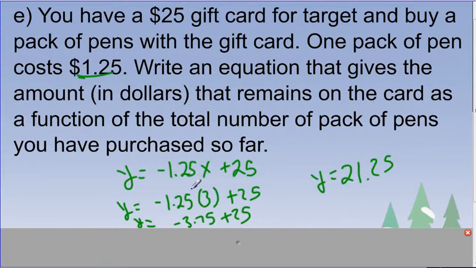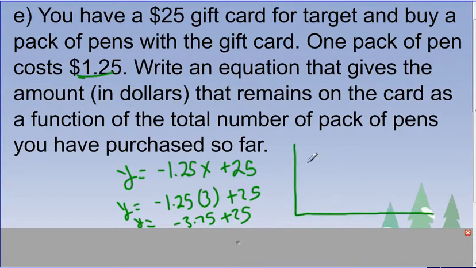Just think about it. We have a negative slope, which means the amount of money we have left on this card is going to go down. If you would imagine me graphing this thing, here's our $25 we start with, our y-intercept. Every time you buy a pack of pens, there's our packs of pens, and we've got dollars in pens or something like that. So every time you buy a pen, the amount of money you have goes down.